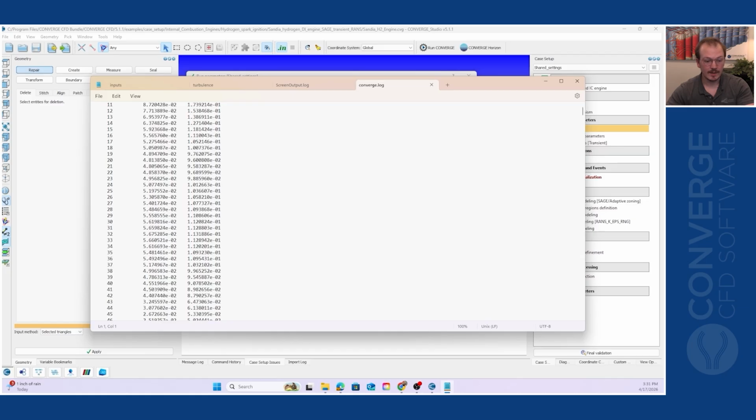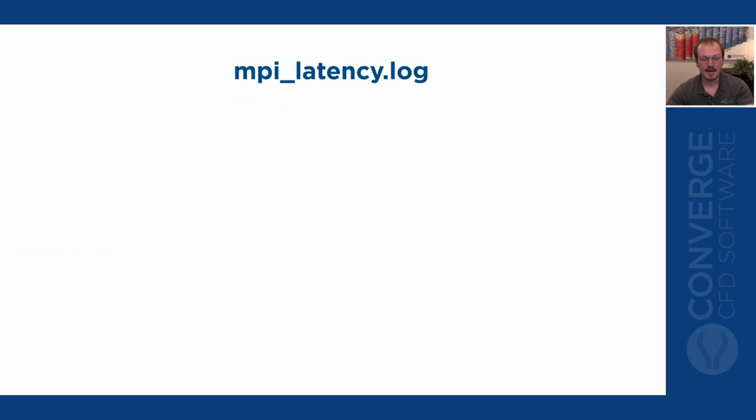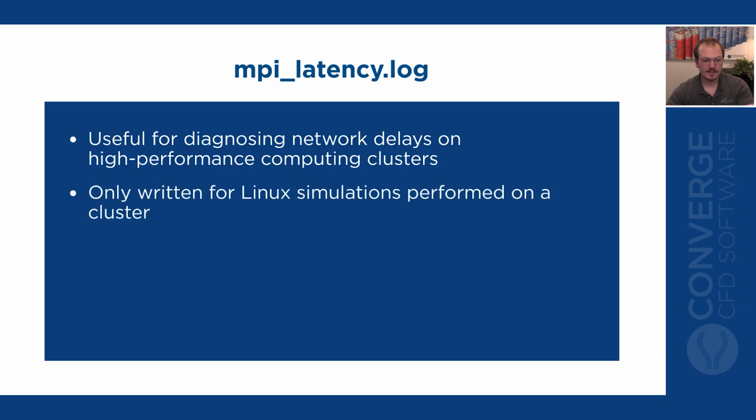That covers the two main logs you will refer to while monitoring your simulation. However, there are other specialized logs that you should be aware of. The first special log we will cover is the MPI_latency.log. The MPI latency log is useful for diagnosing network delays on high-performance computing clusters and is only written for Linux simulations performed on a cluster.